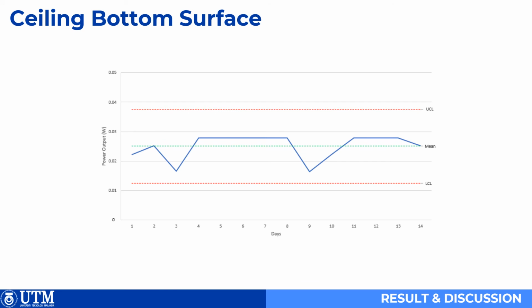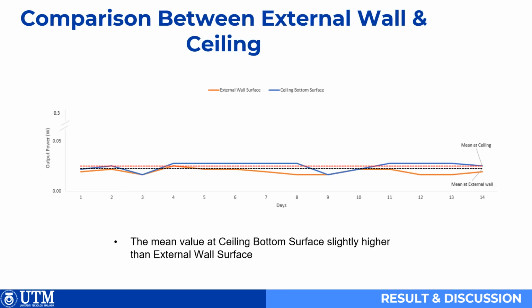From both results, we can agree that the experiment can be used because the standard deviation value was below 1%. Comparing both conditions, the mean value at the ceiling bottom surface was slightly higher than the external wall surface. Thus, we select the ceiling as the place for the TEG system.